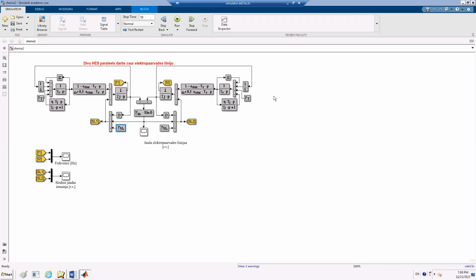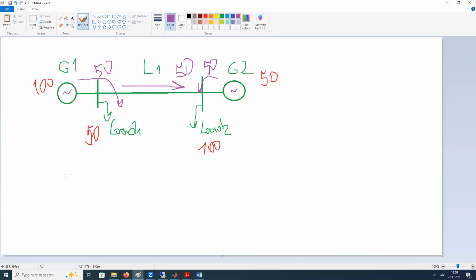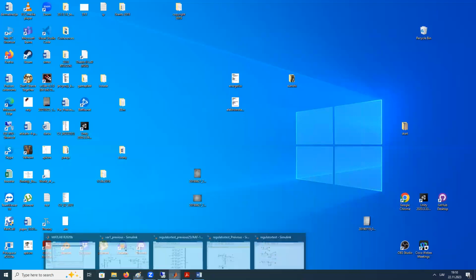So it means that in a normal regime this system is in balance, but something happened, any fault, at this bus. So we have a deficit at this bus of 20%, or a deficit at this bus of 20%. And here we could see the reaction.